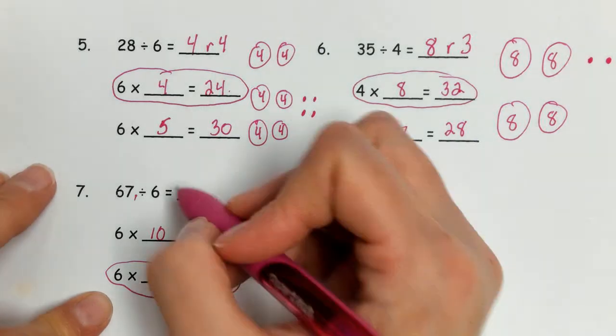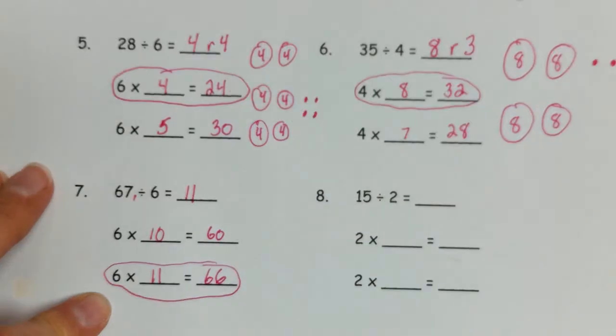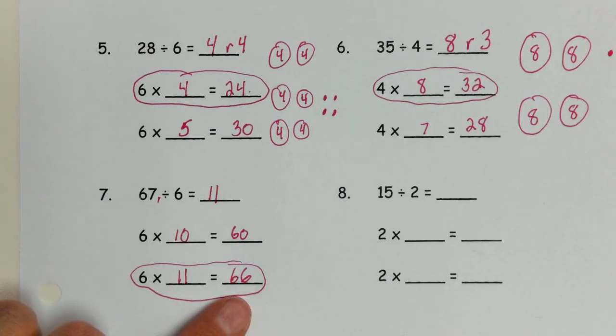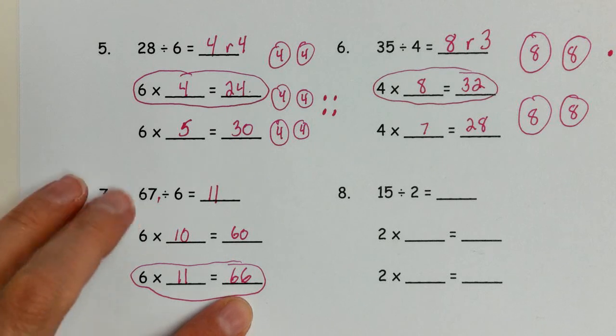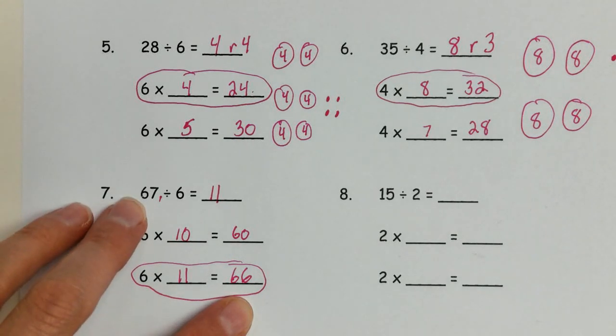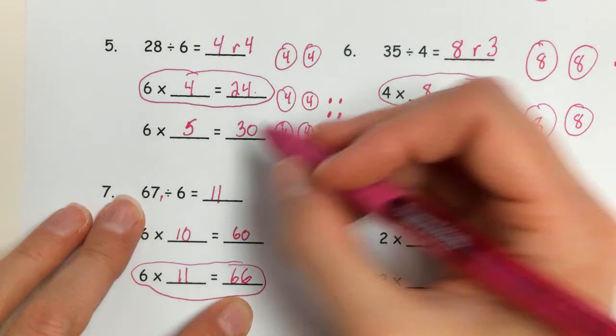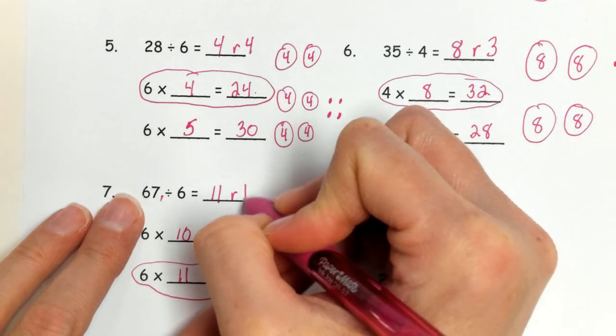So 11 are in each group. How many do I have left over? So if I've used 66, how many more do I have to get to 67? How many? 1. Yes. This is 11, remainder 1.